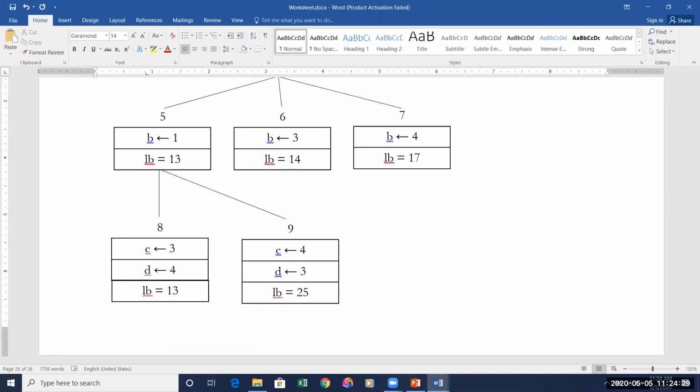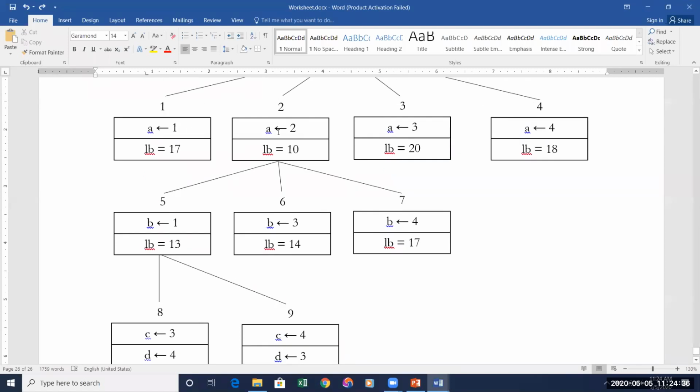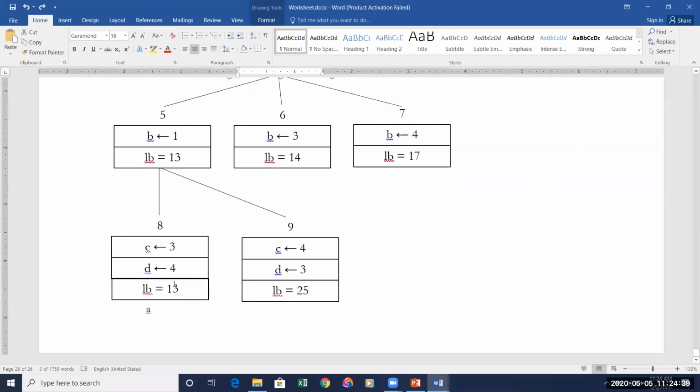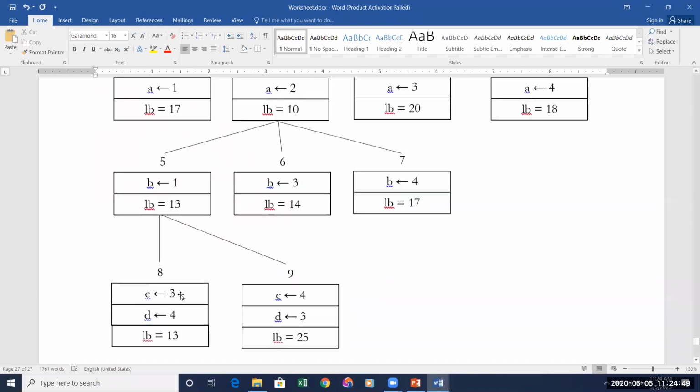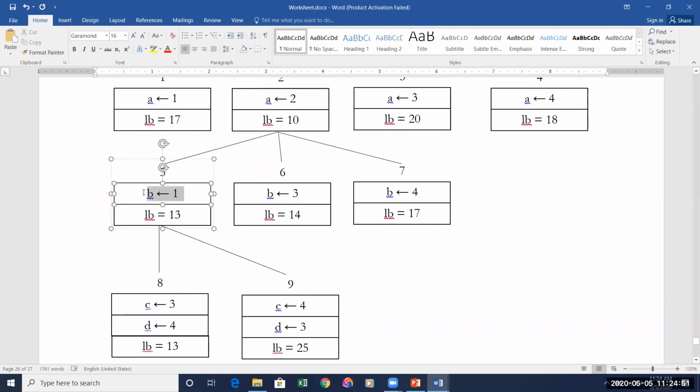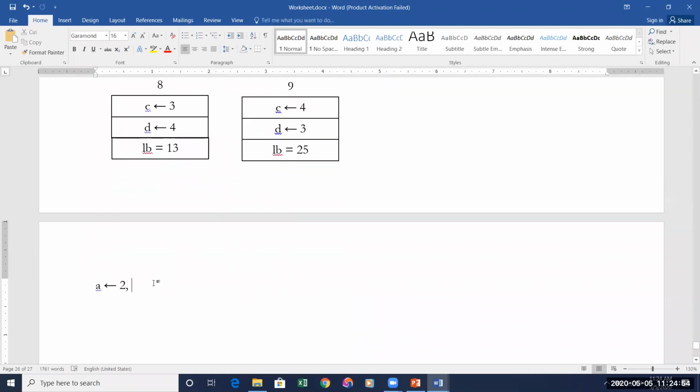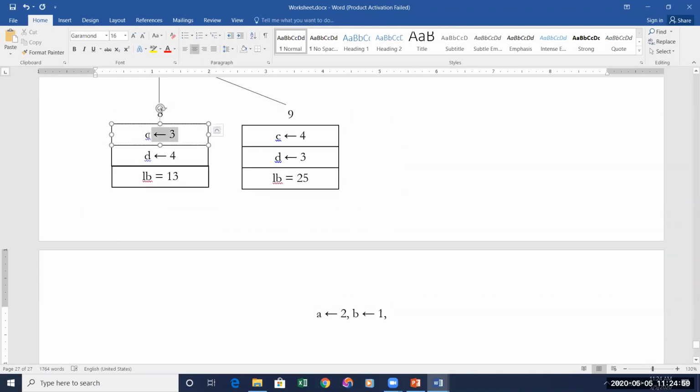A is assigned job number 2, B is assigned job number 1, C is assigned job number 3, and D is assigned job number 4.